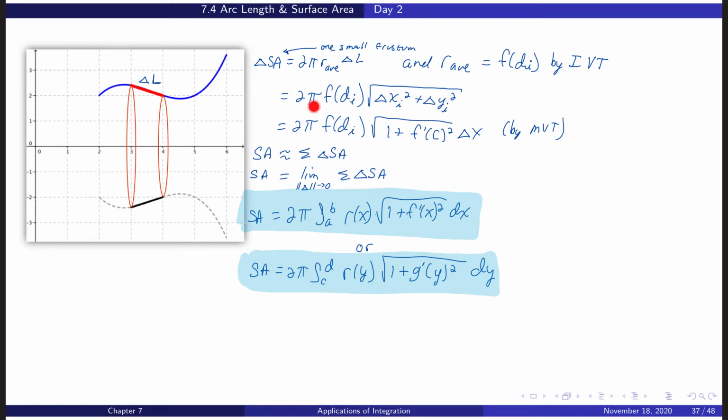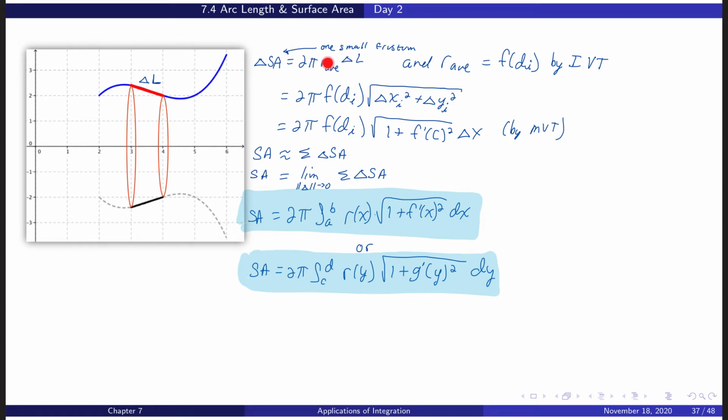So 2 pi r, and then delta L is, again, back to the distance formula, square root of delta x squared plus delta y squared. Replacing this with the same trick we had in the arc length formula, square root of 1 plus f prime of c squared delta x by the mean value theorem, we now have a formula for the surface area.